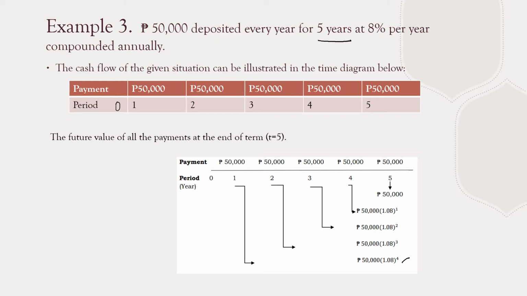Mag-i-interest yan ng 4 na taon. Kaya pagdating dito sa ika-5th year, wala na, kasi yan yung last mo. Magdadagdag ka pero wala na yung kikitain pa. Madadagdag lang dun sa future value mo.